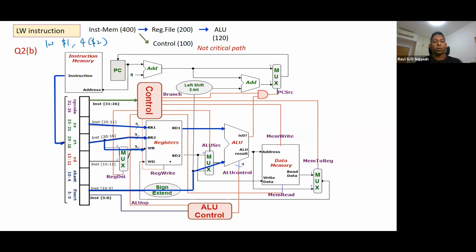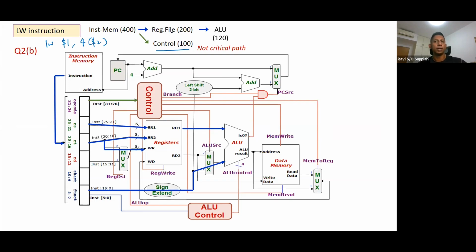Now, if you look at the arrows that we have drawn so far, we understand this part already, correct? Because we said just now that the control unit is much faster than the register file, it doesn't matter whether I include the control unit, because I still need to wait for the register file.